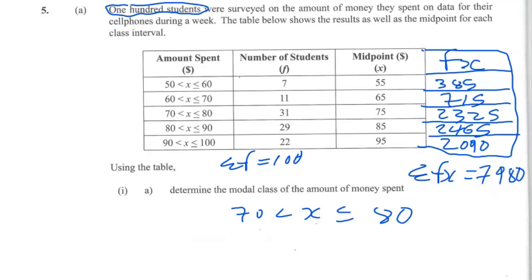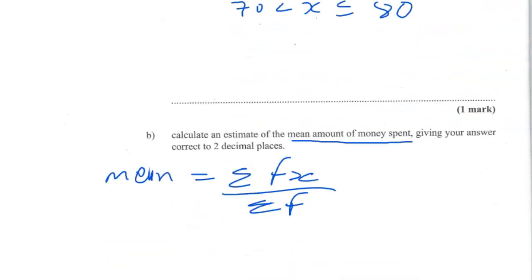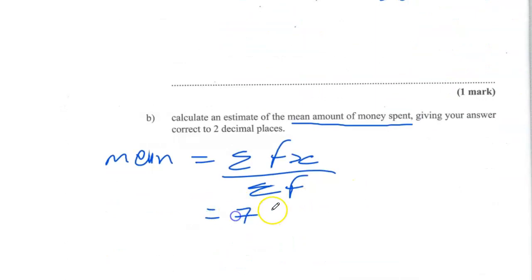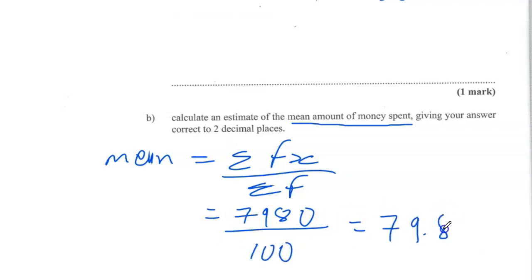That's the sum of fx. So the mean is the sum of fx, 7,980, divided by the total number of students, which is 100. We end up with 79.8. That's the mean amount of money spent, $79.80.